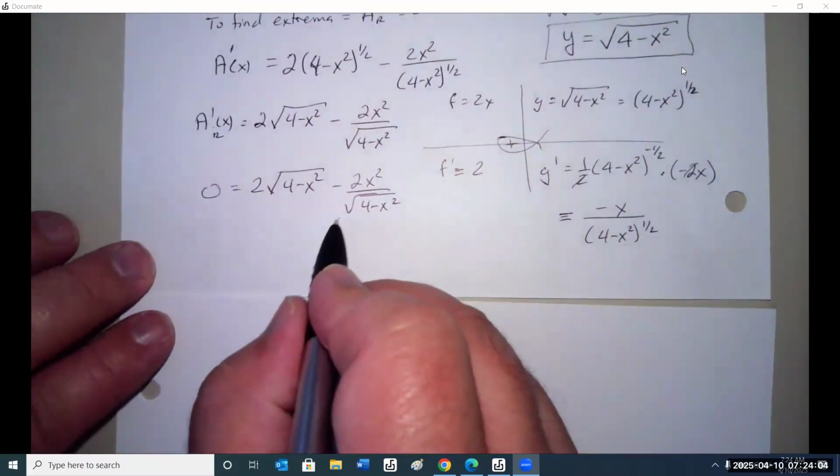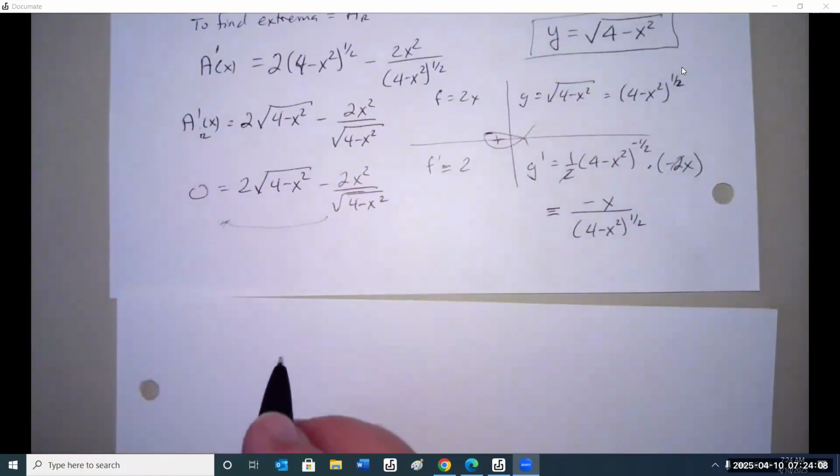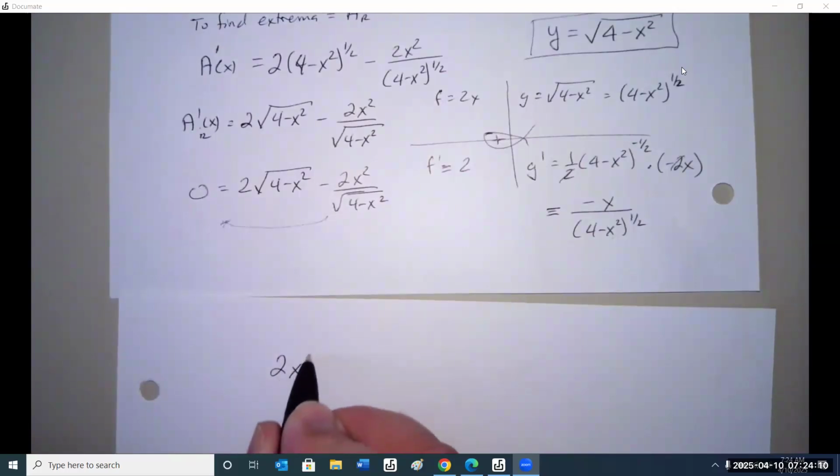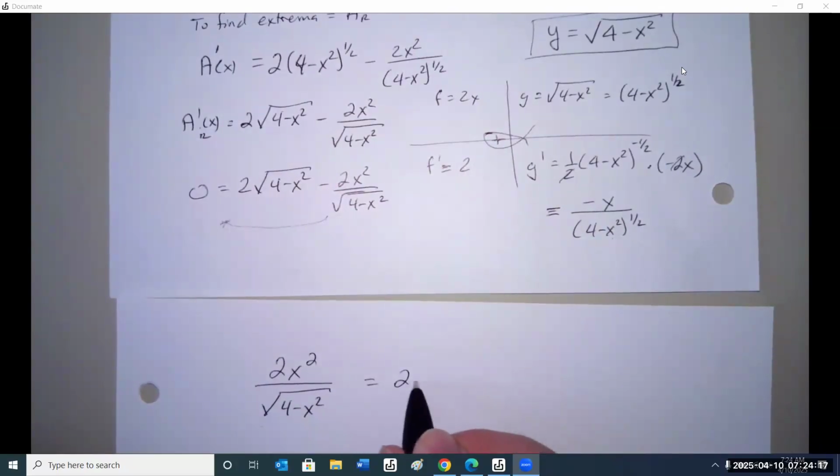So we move this one to the other side. That gives us 2x squared over the square root of 4 minus x squared equals 2 times the square root of 4 minus x squared.